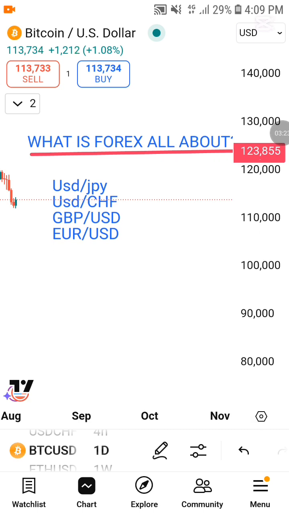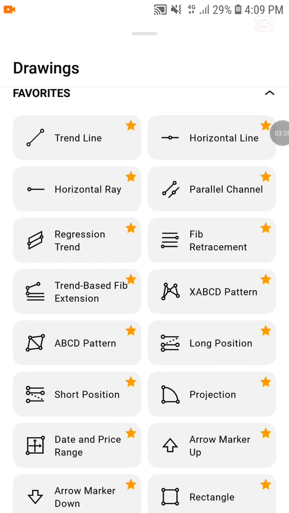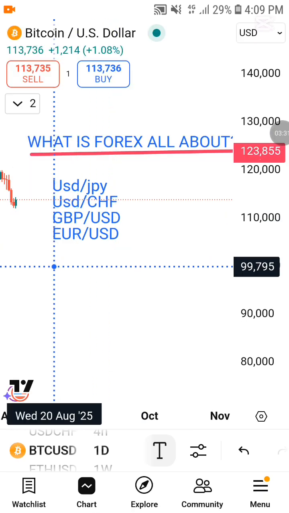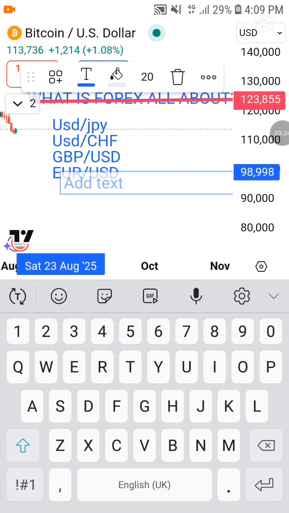So let's see the USD now. I'm using the number 1 currency pair.